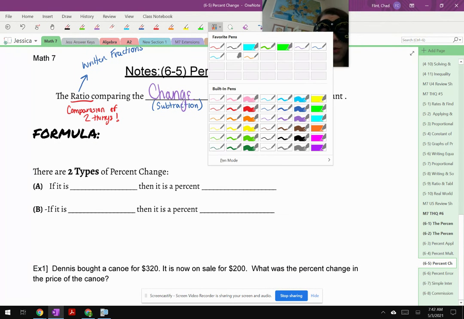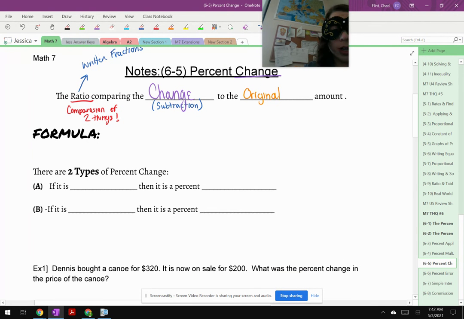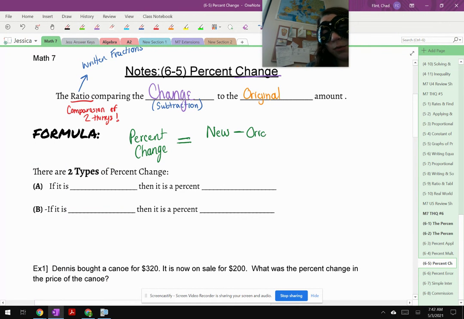So the formula we're going to use to find percent change is: percent change is equal to the new amount minus the original amount, and then you're going to divide that number by the original.